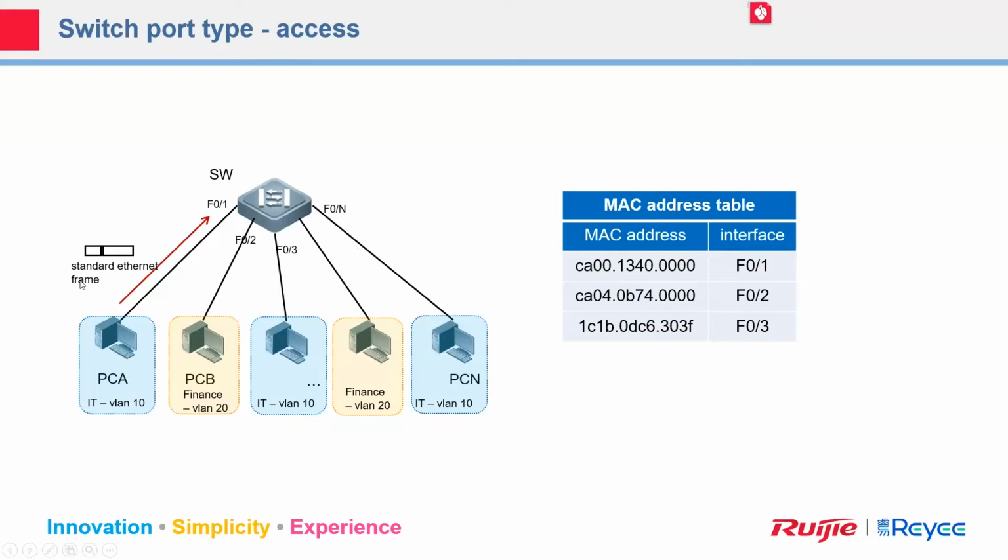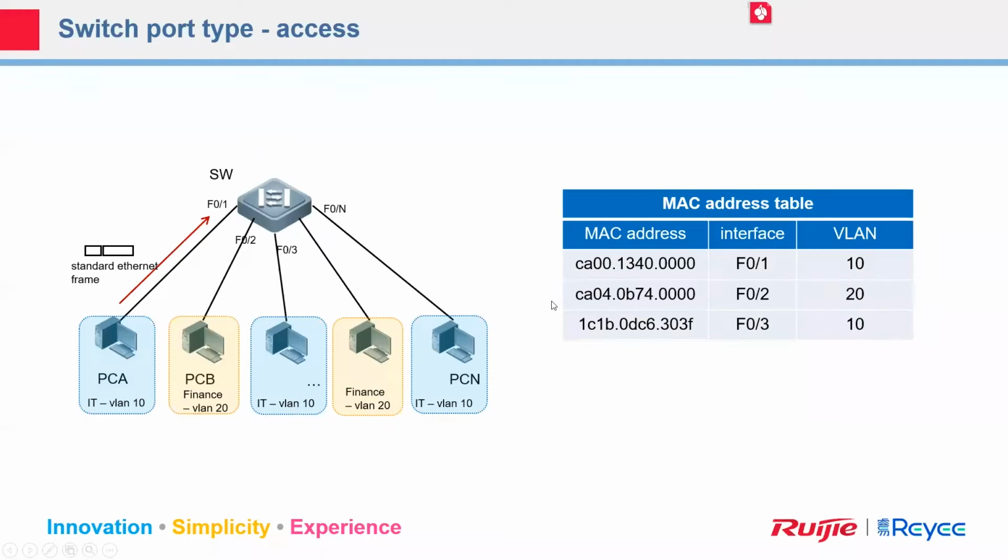If the PC sends out the standard Ethernet frame, that means without VLAN information, and on the switch, this interface we assign to VLAN 10, interface 2 becomes VLAN 20, interface 3 is VLAN 10. Finally, your MAC address table also will be different. Not only the MAC address, we also have the interface, and also the VLAN.